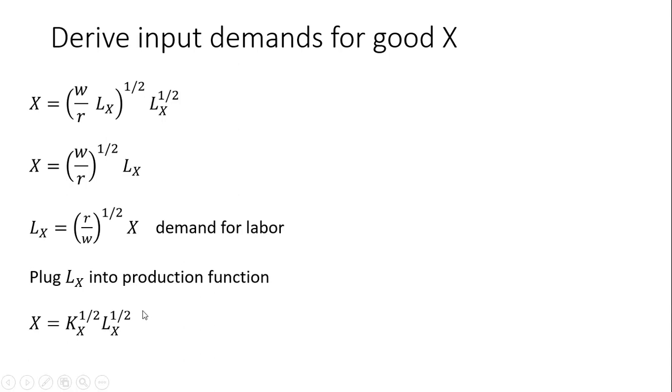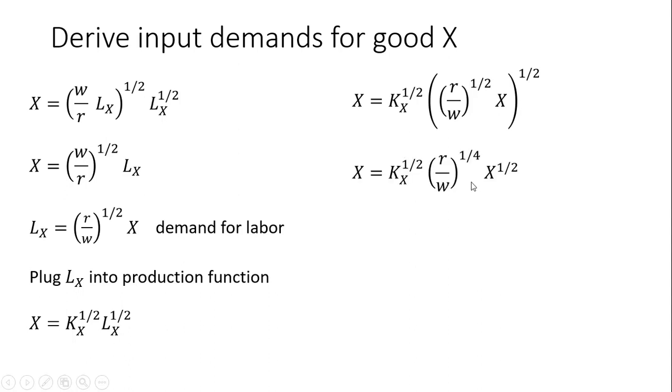Okay, here's our production function. So plugging this labor demand back into it, we'll now get the input demand for capital. So simplifying this, you get this result.